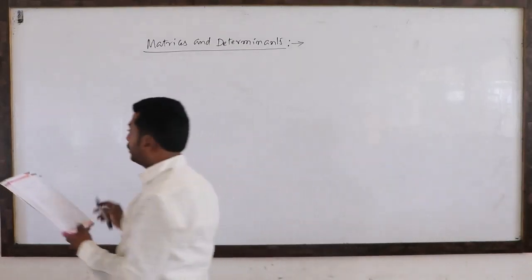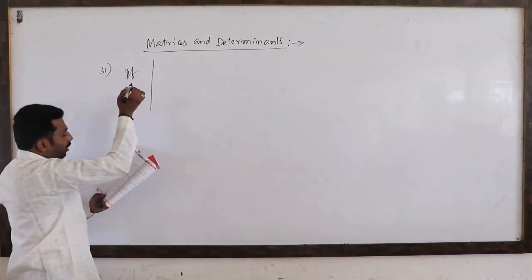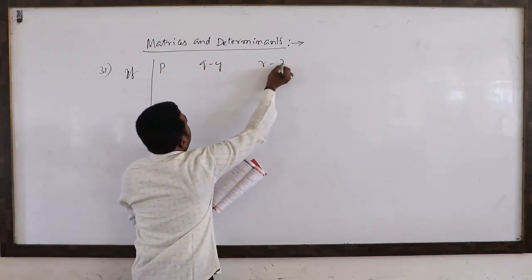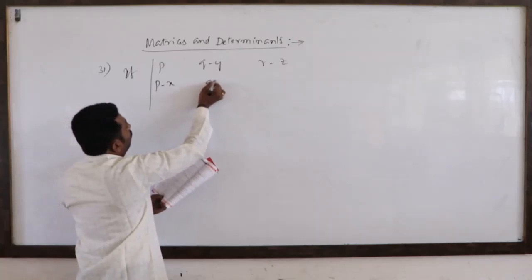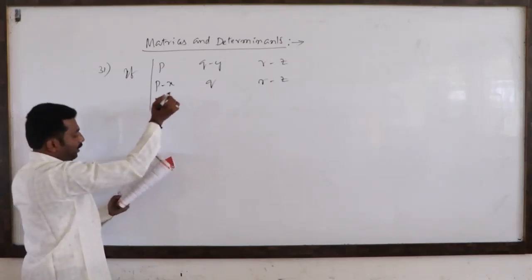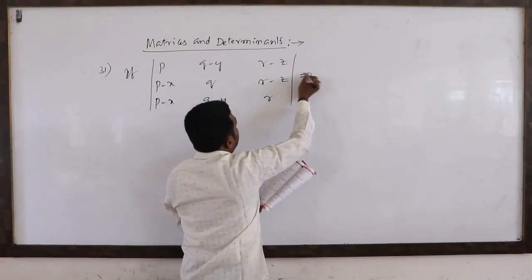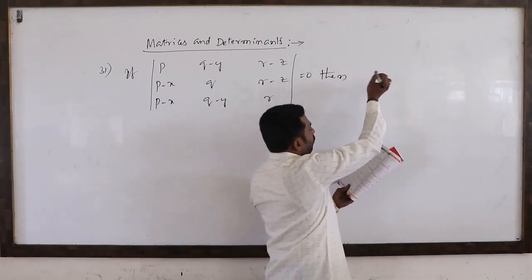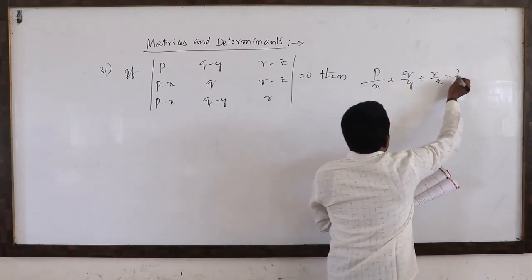Next question, 31. If the determinant of P, Q minus Y, R minus Z; P minus X, Q, R minus Z; P minus X, Q minus Y, R equals 0, then the value of P by X plus Q by Y plus R by Z, they are asking.